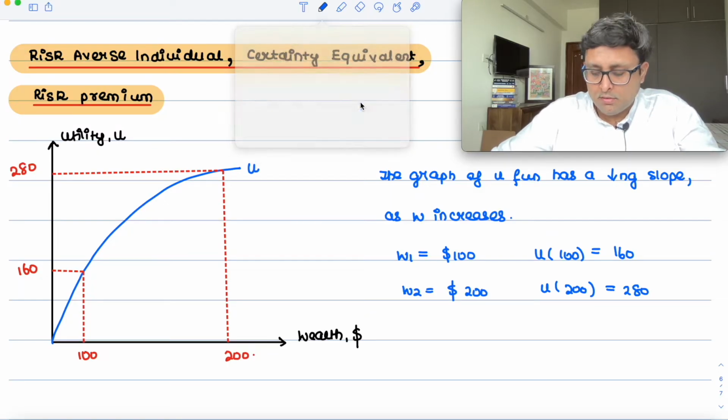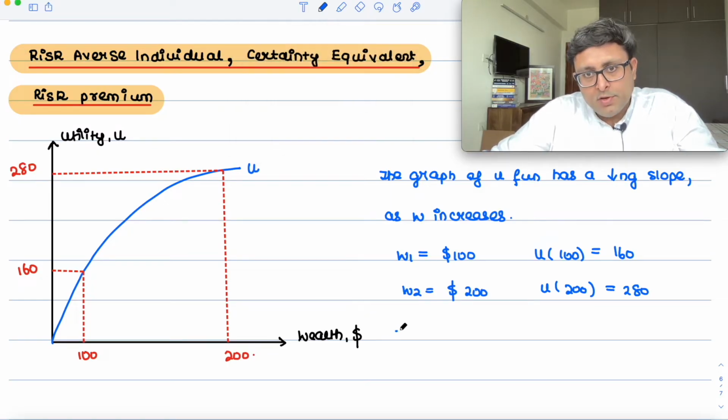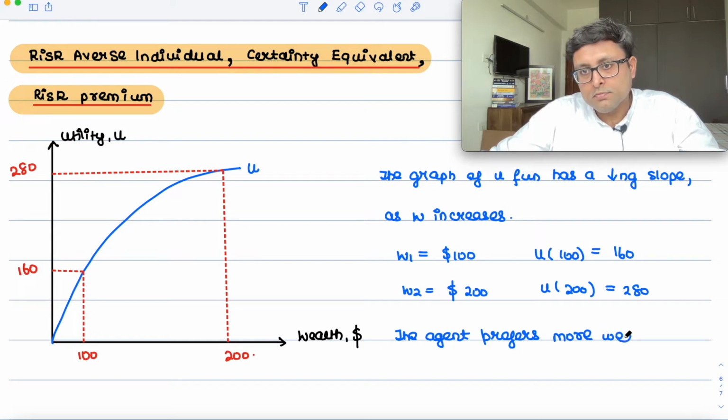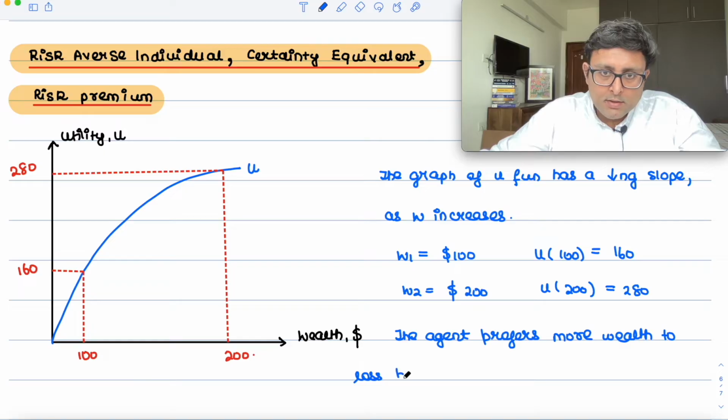That's the point. So the agent prefers more wealth to less, but the marginal utility from wealth is decreasing.